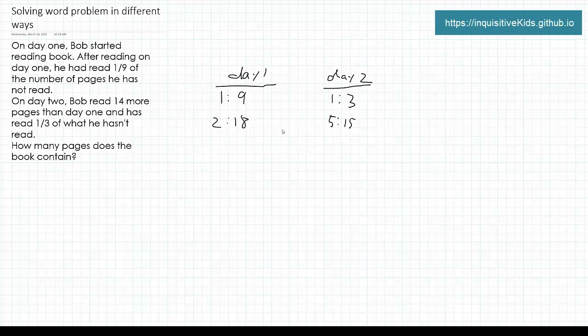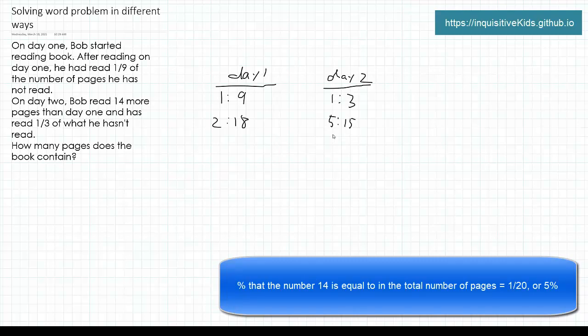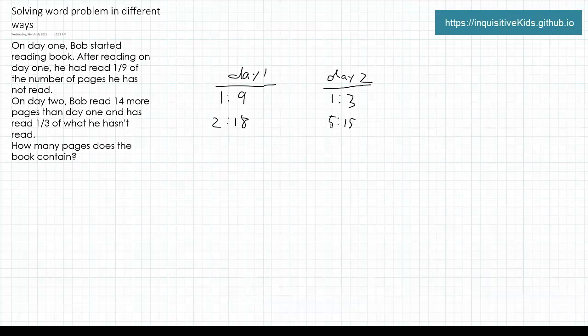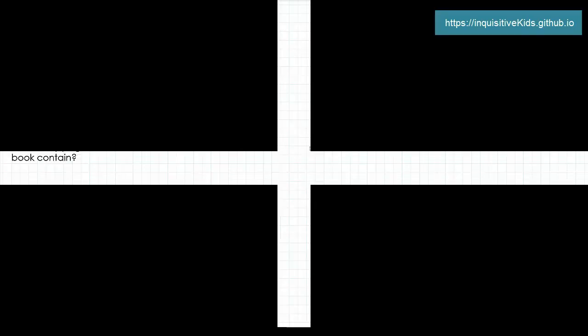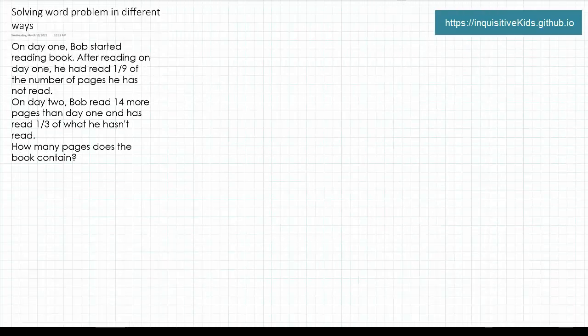So we need to minus 2 again because it says Bob read 14 more pages than day 1. So now we know that 14 pages is 1 unit and we have 20 units. And 14 times 20 is 280. That's the answer.